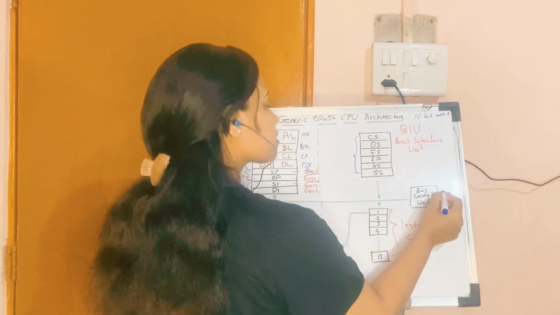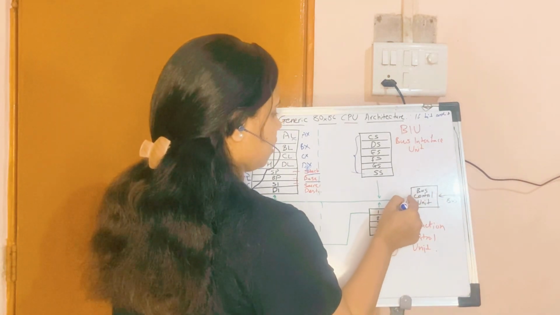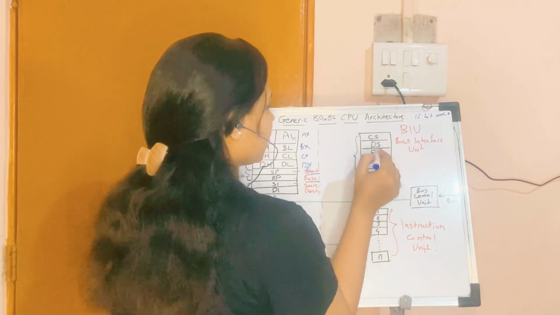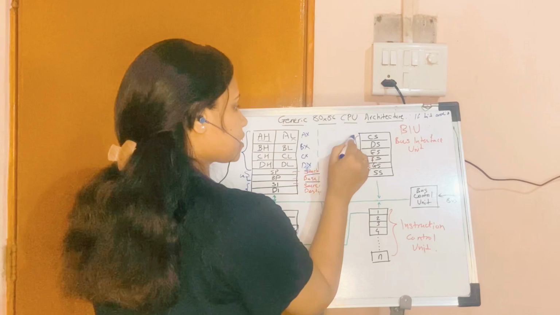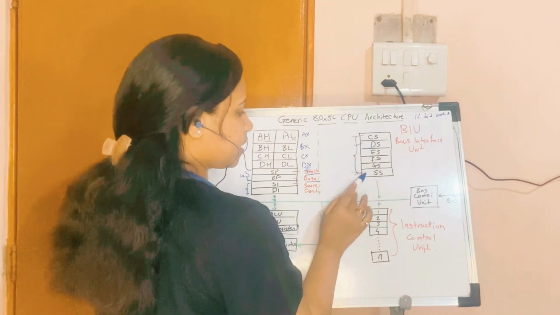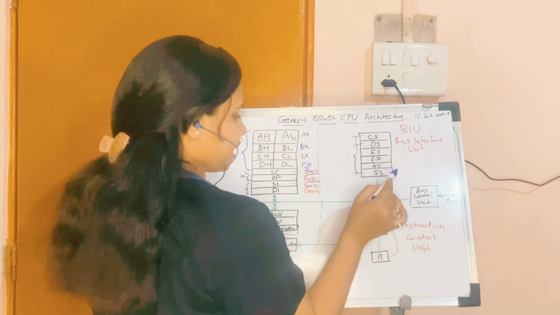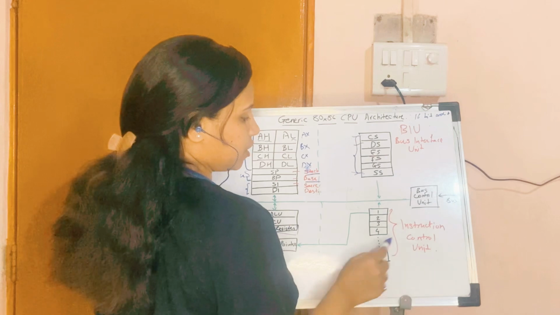This bus brings the programs in the segmented format into the CPU. So the segmented programs are brought into CS, DS and SS: code segment, data segment and stack segment. From code segment, instructions are sent to the instruction control unit.